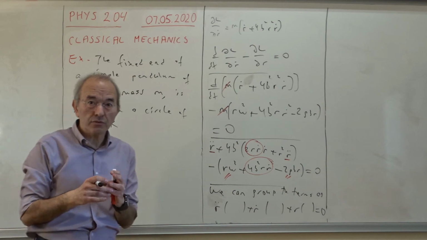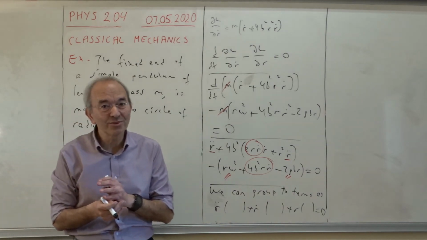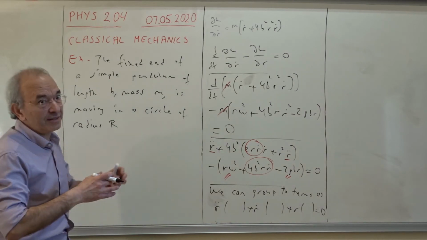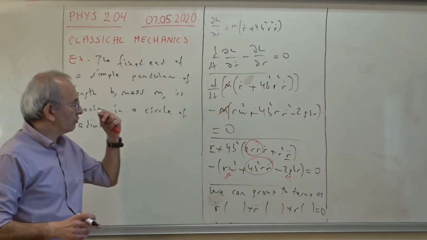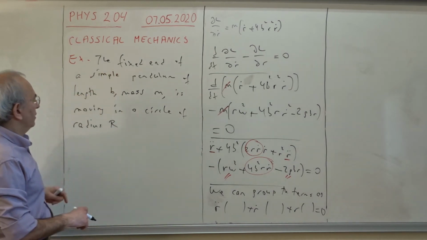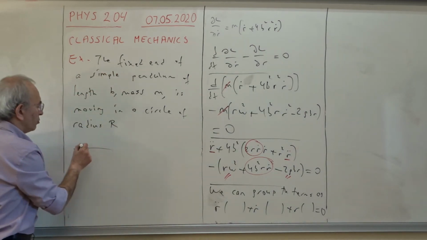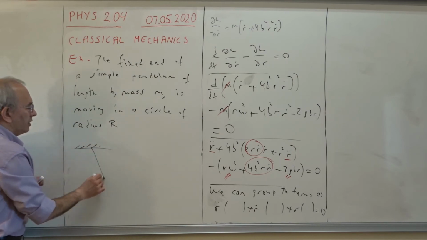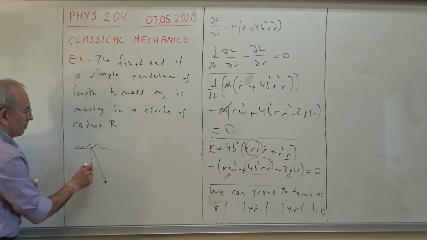Of course, if it weren't fixed, it would be much more complicated. If r also were changing, in the most general case, it would be much more complicated. This is the fixed end, as I have tried to show you, of the simple pendulum.